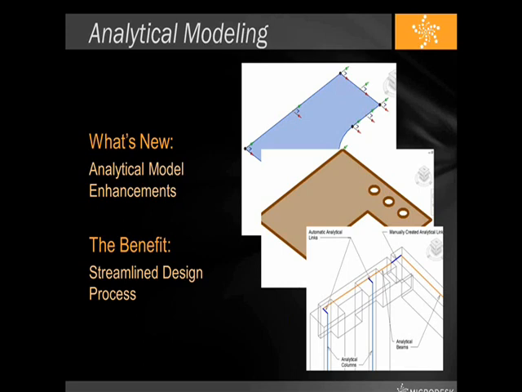Analytical floors and analytical foundation slabs now have corner nodes in analytical edit mode. If you select the analytical model, you will see controls posted at all corners and edges, which allow direct manipulation of the analytical model. You may select individual edges by using the Tab key while hovering over an edge.